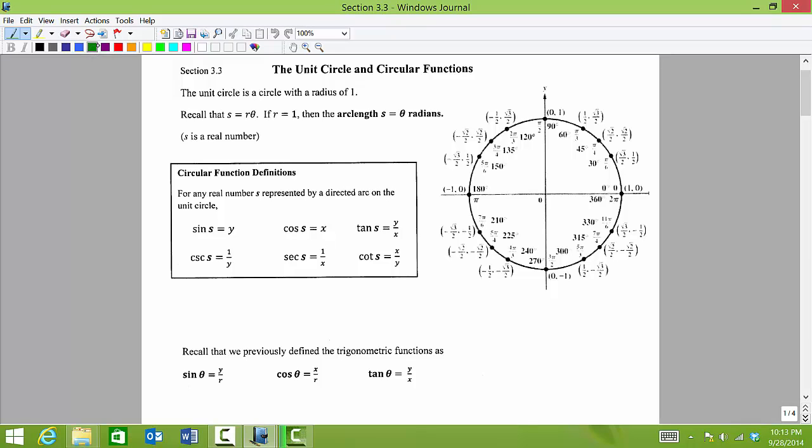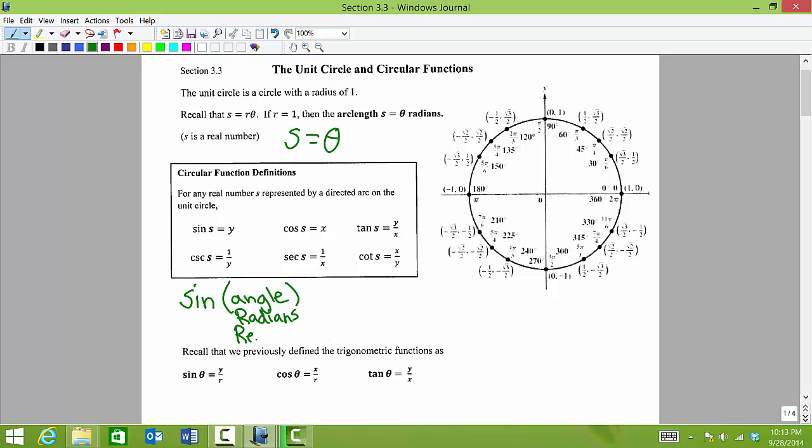If R is 1, and I'm looking at my formula here, then we could say that S, the arc length, is now directly equal to the angle measured in radians. As we're evaluating our functions, remember that for our trig functions we always put in an angle, and now we're going to be putting in an angle measured in radians.